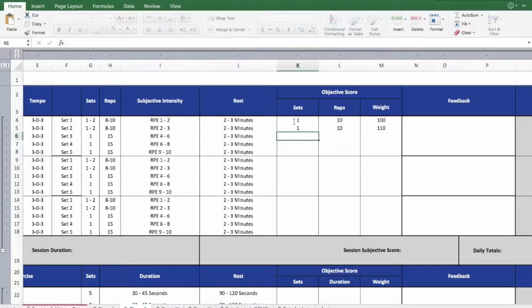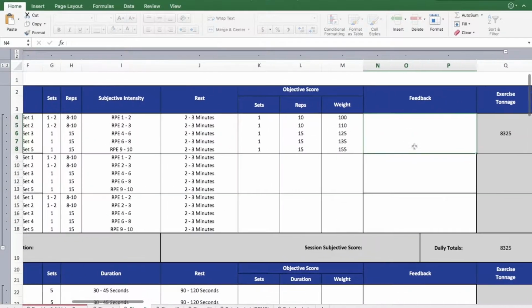Third set, we did 15 reps, and we did that for 125 pounds. Second working set, we did for 15 reps, and we did that for 135. And then our final set of 15 for a top set at RPE 10 out of 10, we hit 155.